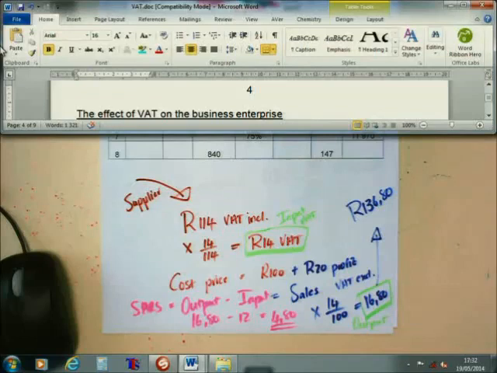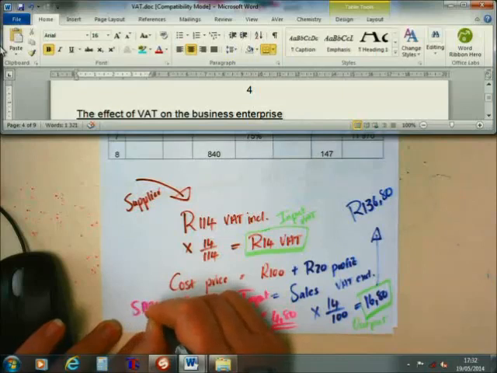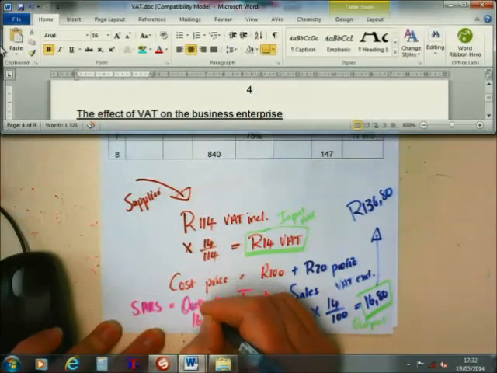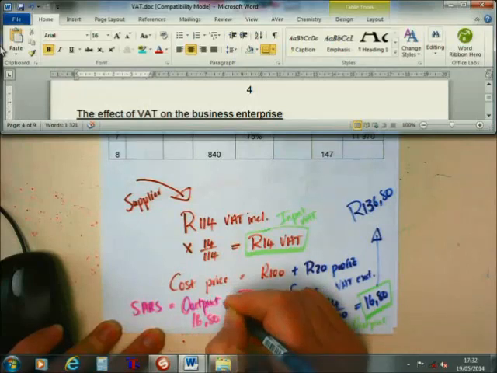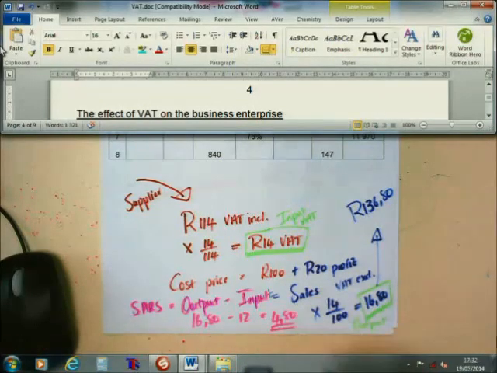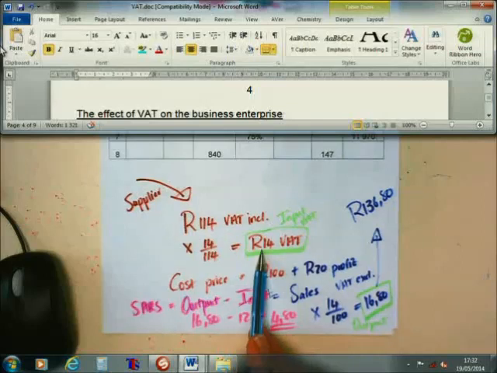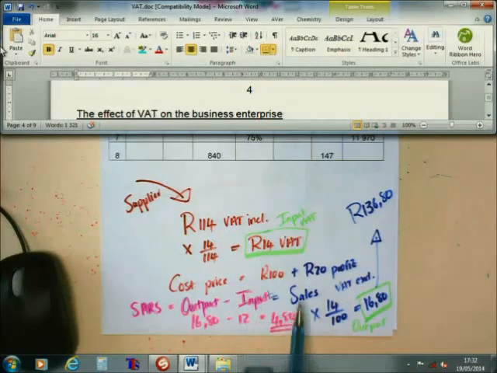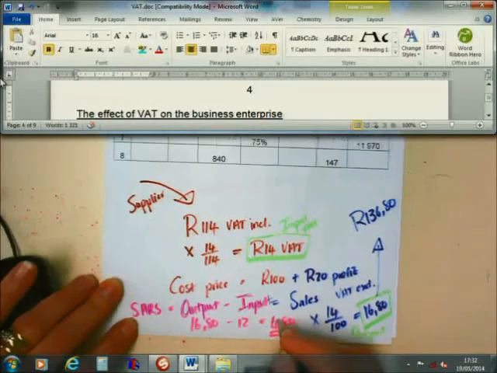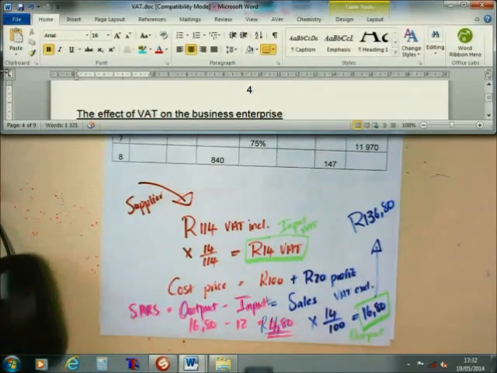And then payable to source is output minus input. That gives you 16 Rand 80 that you receive. 14 Rand you already gave to your supplier, and that gives you 2 Rand 80, which is payable to source at the moment.